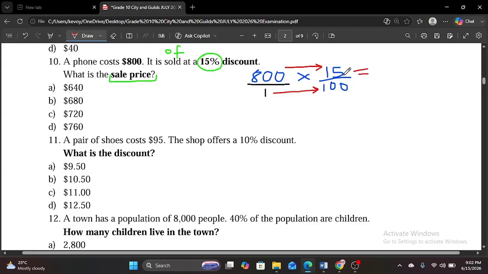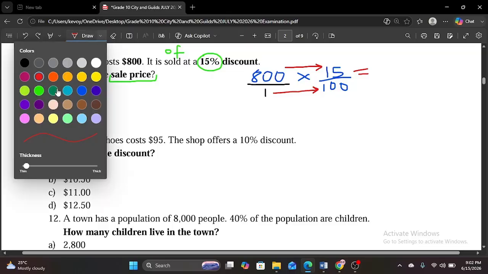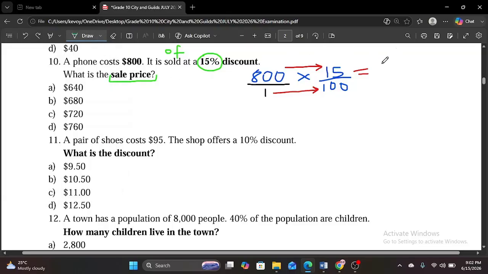So after multiplying, we're going to have 15 times 800. So that's 15 times 8. You can do that to make it easier. So 15 times 800 is going to be equal to 12,000. Let's try it with a different color. So that's 12,000 over 1 times 100, which is 100.